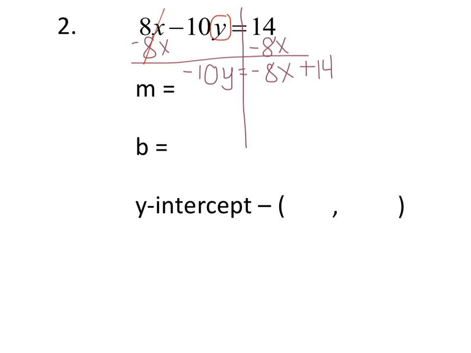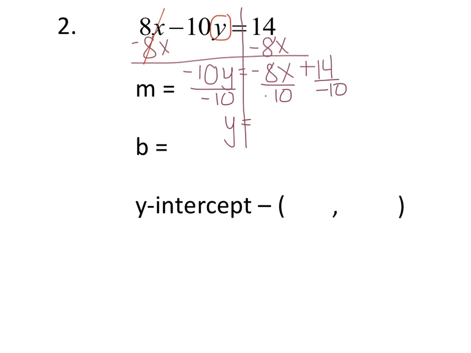But again, that y is still not by itself, so I need to divide everything by that coefficient. So I'm dividing everything by negative 10. So I have 1y equals, and like Miss Olson said, fractions aren't bad, but we need to remember 2 negatives make a positive, and this fraction isn't going to be nice, so I'm just going to reduce it.